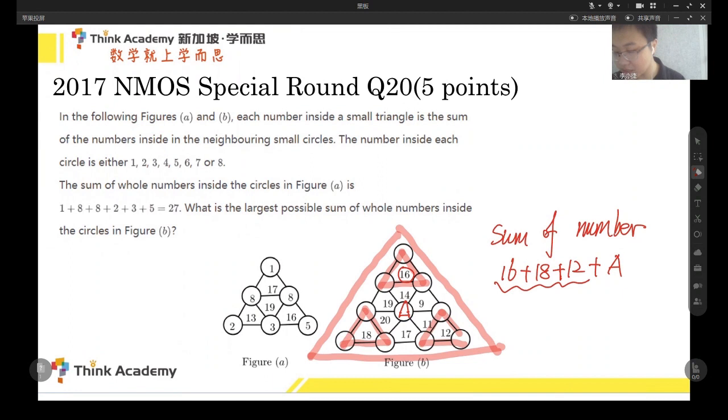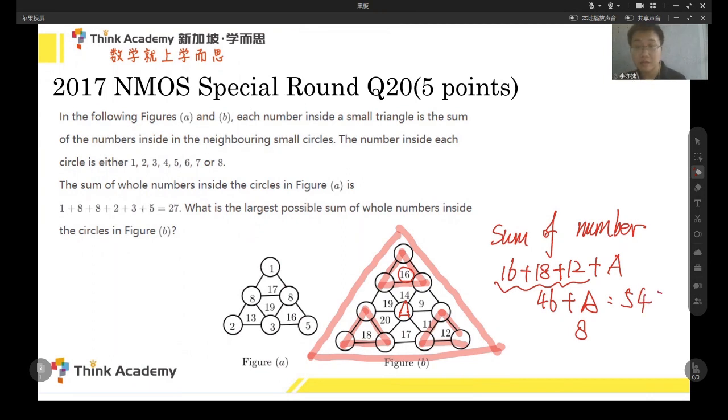So this is 46 plus A. We want the sum of numbers to be as large as possible, so we should make A as large as possible. As we can only write 1 to 8 here, maybe A is at maximum 8.